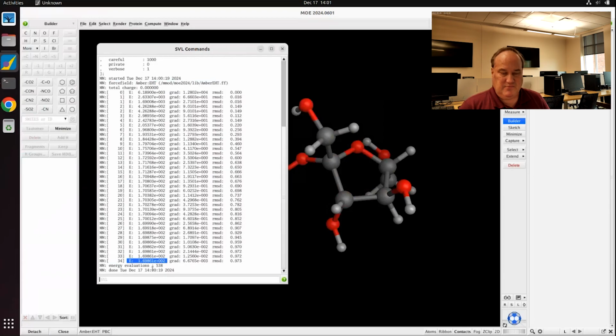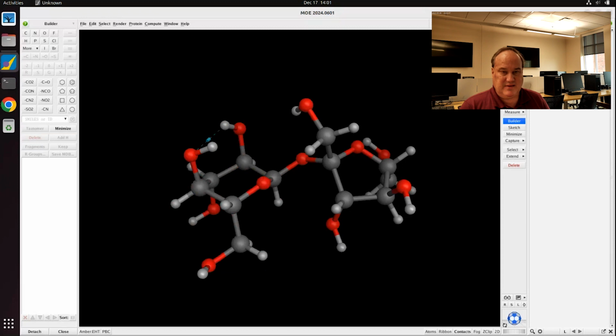This is relative force field energy. It's not free energy. But when we're comparing two different structures, it's sufficient to compare different structures. Here's our gradient. This is less than 0.01, again in scientific notation. And the root mean square deviation tells us how much we've changed since the starting structure. So the starting structure compared to 0, we've gone to 0.973. So we've moved some bonds around.